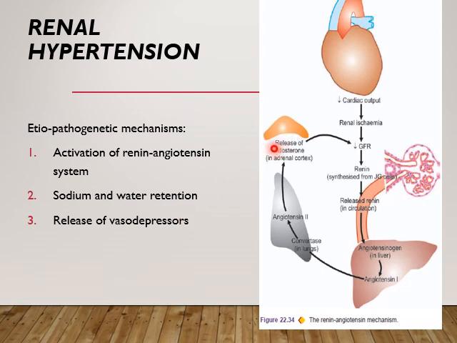Aldosterone also causes an increase in the proximal tubular reabsorption of sodium, again leading to the imbalance. And it causes the release of vasodepressors like prostaglandin E2 and F2. This is the main renin-angiotensin mechanism, with the release of aldosterone causing the elevation of blood pressure, which has to be remembered.